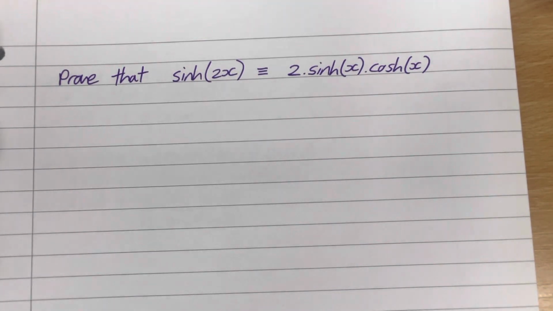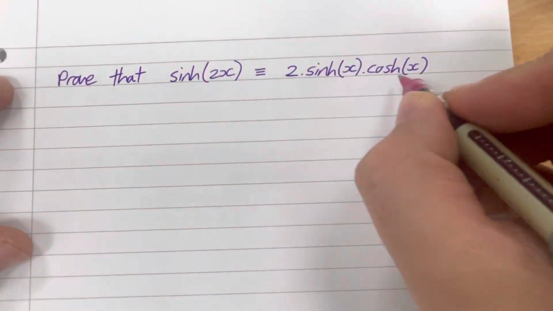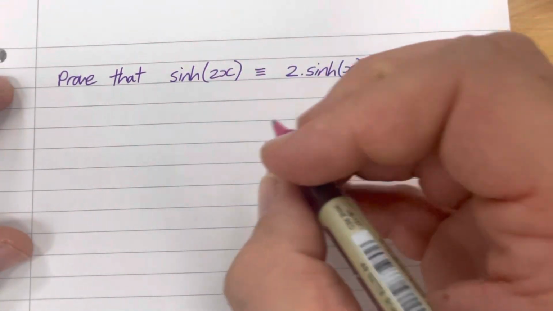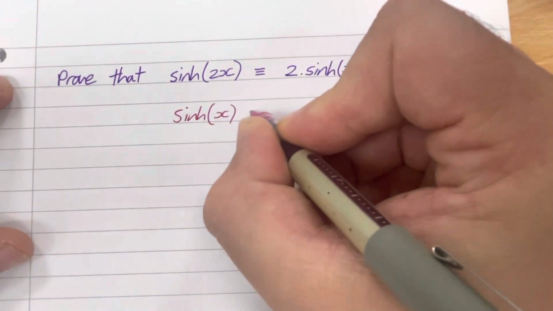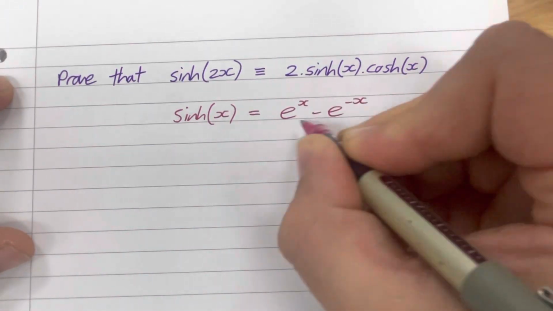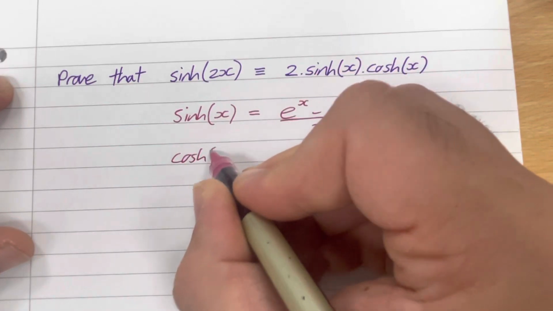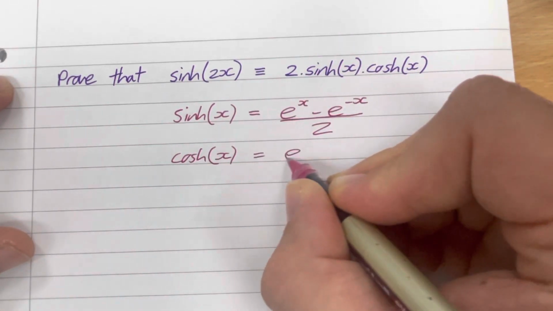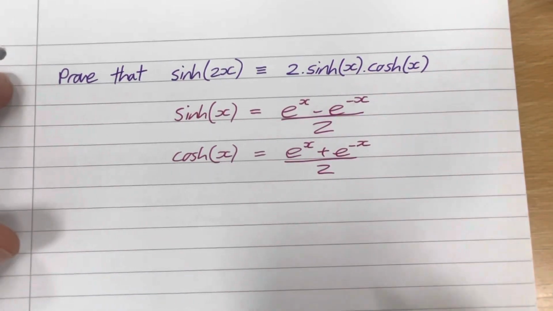Okay, so if you had a go and you got it, well done. But I'm going to go through the solution. So we've got 3 definitions of hyperbolic functions here, so I'm just going to write them all down. So sinh of x, by definition, is e to the x minus e to the minus x over 2. Cosh of x is e to the x plus e to the minus x over 2.